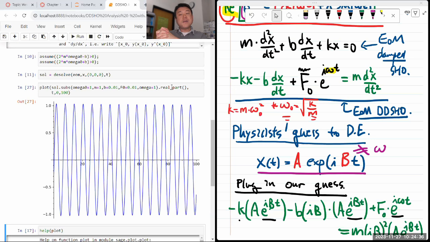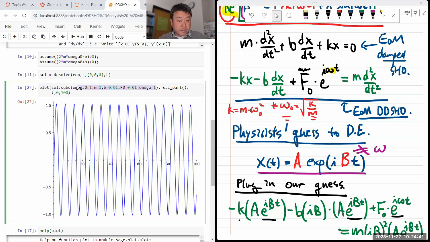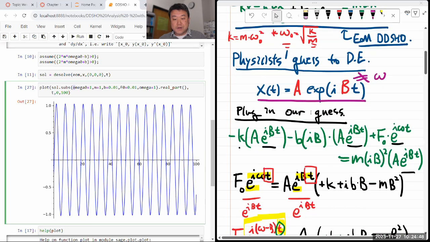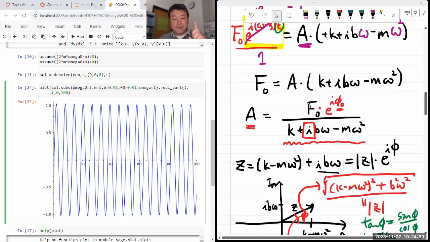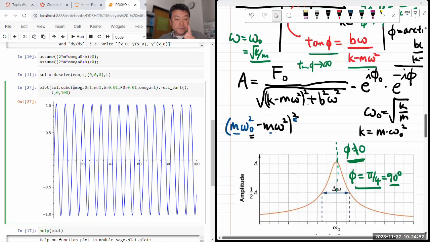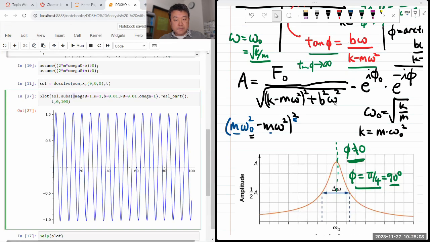Now when I'm at 1, oh, we can double check the formula that was in the textbook and the one we derived last time. So this is right now on resonance. The amplitude we get, 1, apparently, should match what we are expecting from our amplitude formula. So our driving force is 0.01, and this is 0 because we are on resonance, and B is 0.01 squared, so 10 to the minus 4 times 1.